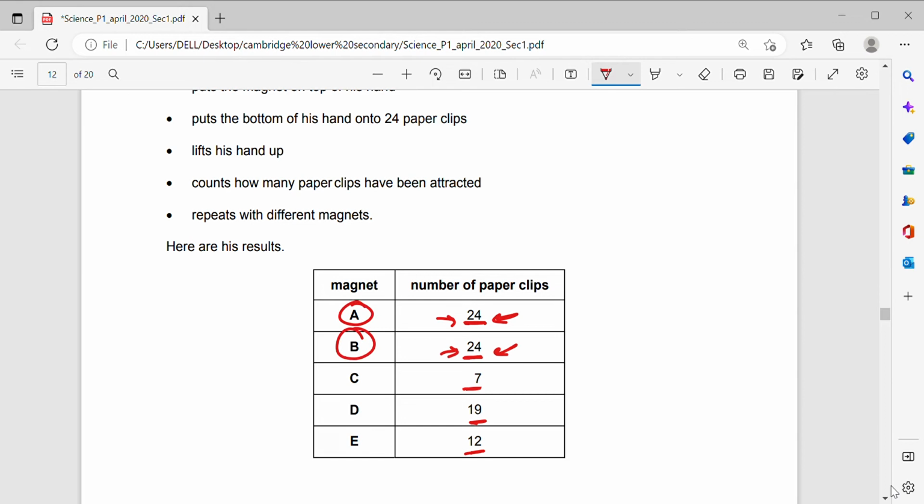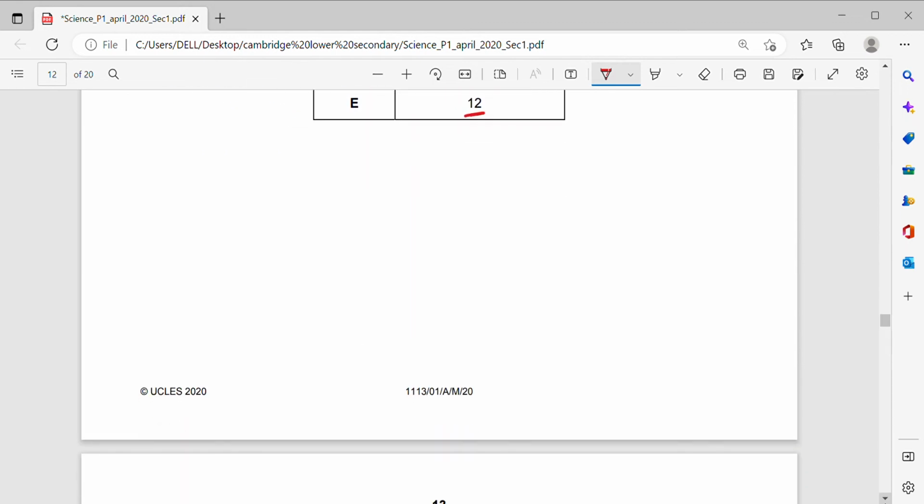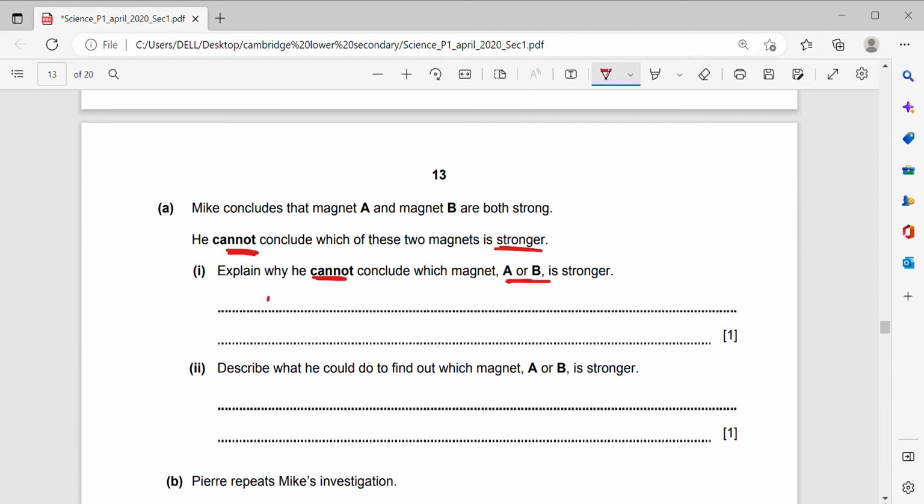So he cannot say which one is stronger because the answer is because both magnets picked up 24 paper clips.